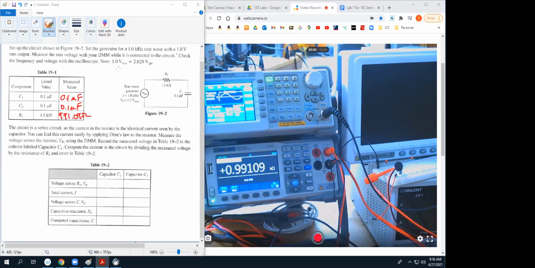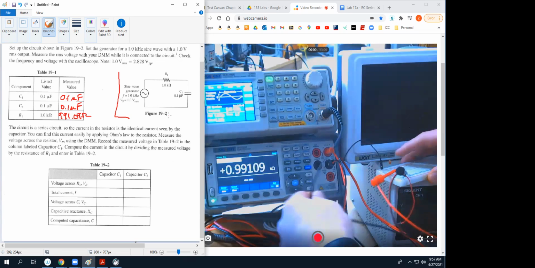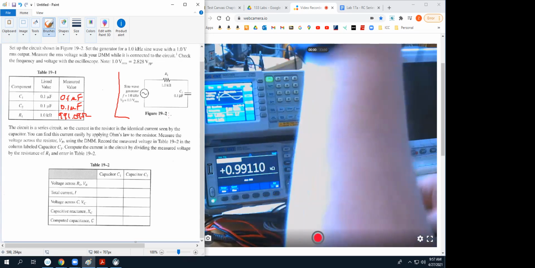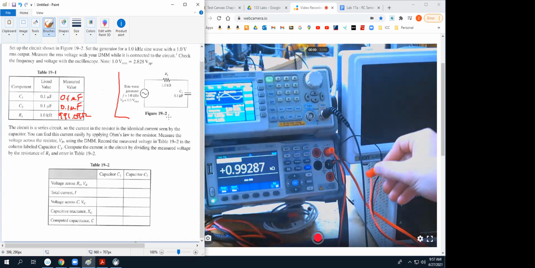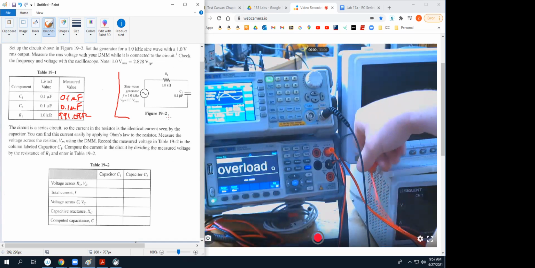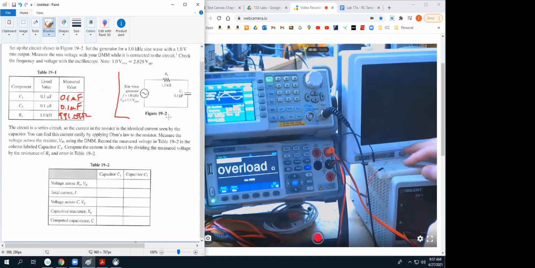So first things first, I need to set this circuit up. So, sine wave generator. This is going to be my applied AC voltage.